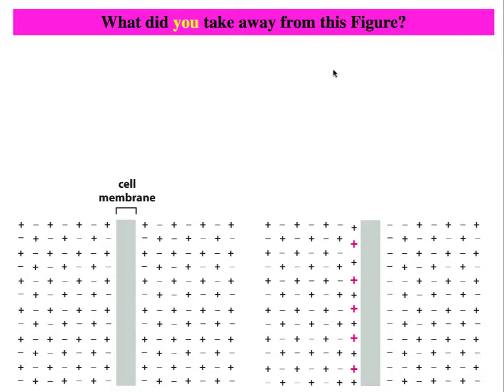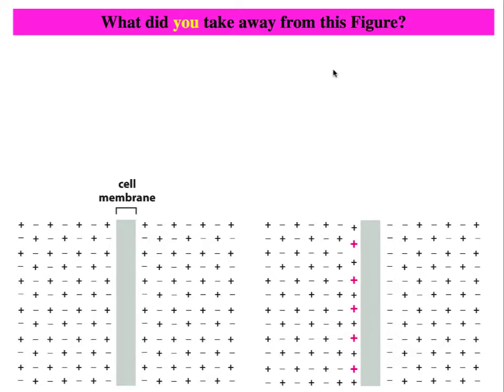The importance of charge to living cells cannot be overemphasized. The membrane potential, as the word suggests, potential, is a storage of energy that can be tapped into at any point thereafter.